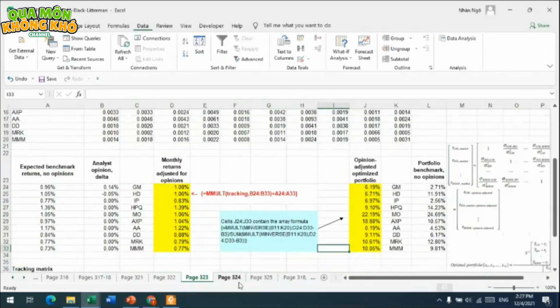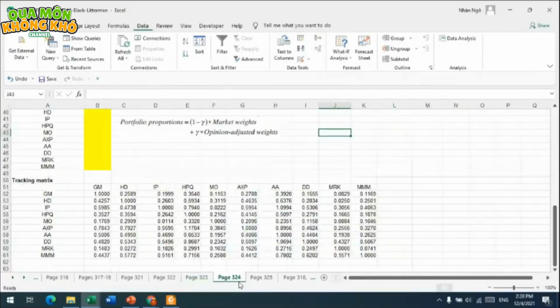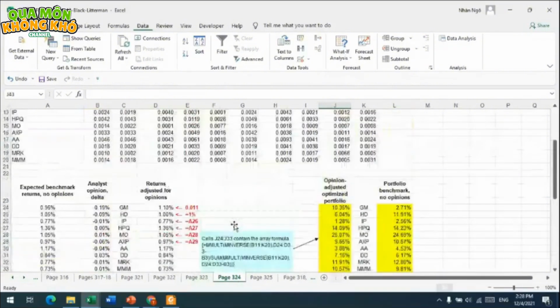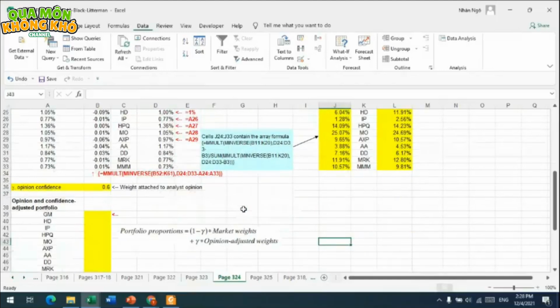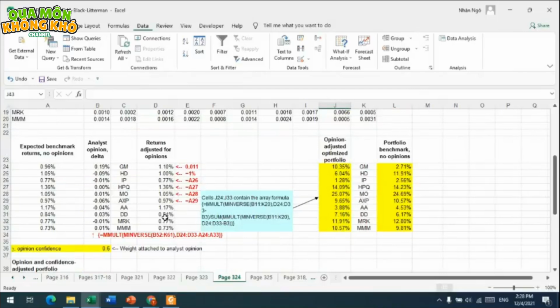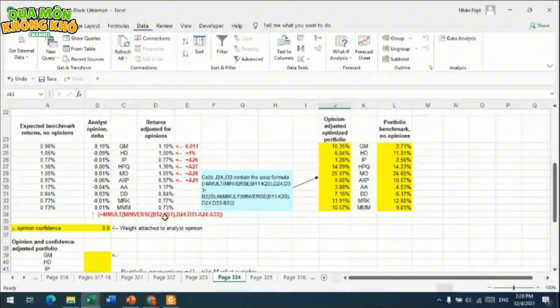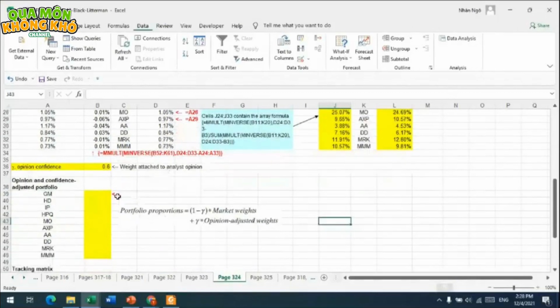So next we will apply your opinion confidence to this optimized portfolio. So we will use the data from the first interpretation to calculate the opinion and confidence adjusted portfolio. So assume that your opinion confidence is 0.6. This means that you believe that 60% of your opinion will occur.